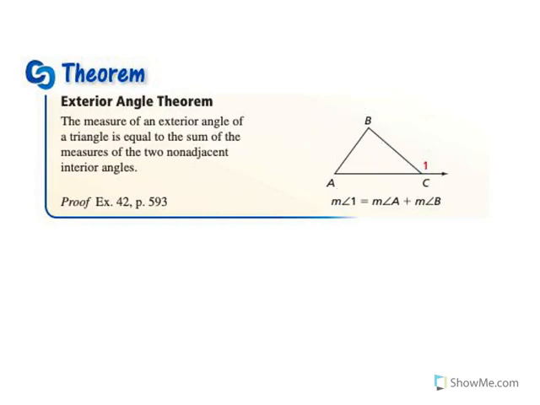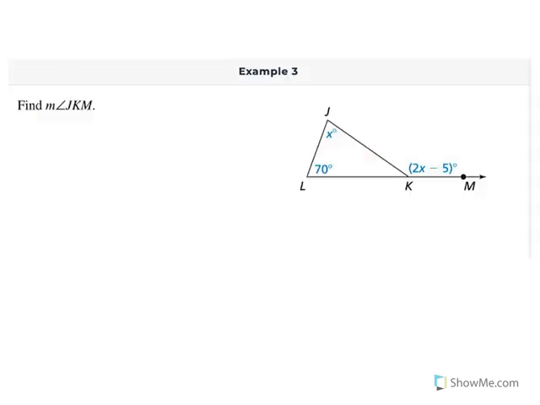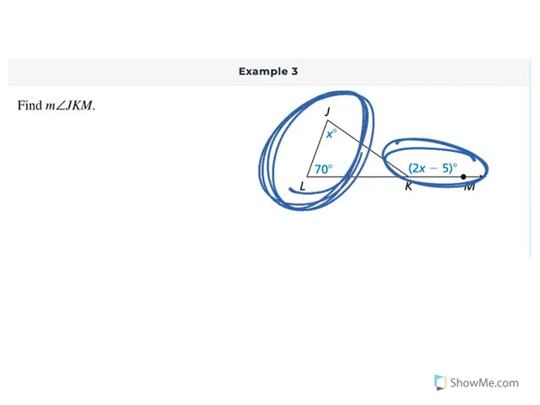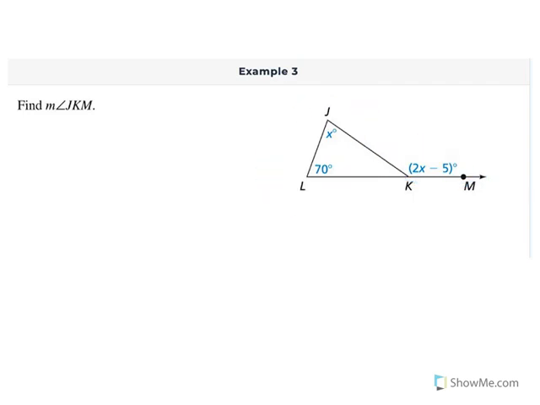Pause this if you haven't already written it down, write it down, hit play, and we'll do an example. So here's your outside angle. Here are the two that are furthest away.